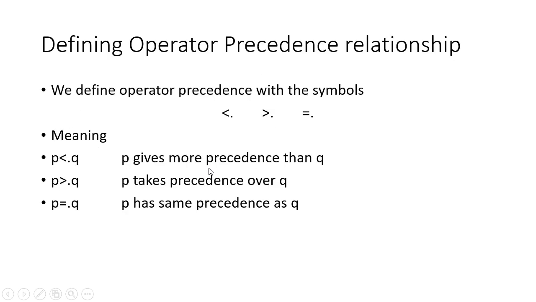Now how parsing is done is we have to define the relationships. There are three relationships which you can define. One is the less dot, one is the greater dot, and one is the equal dot symbol.